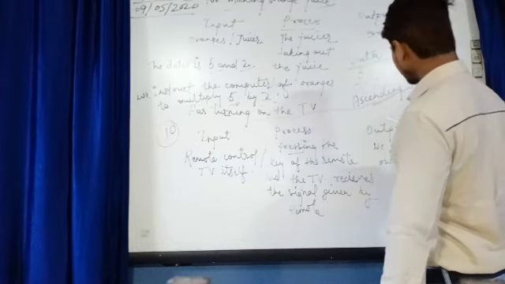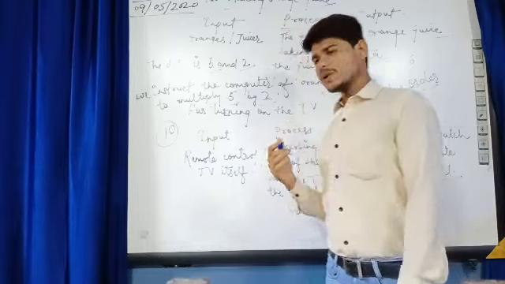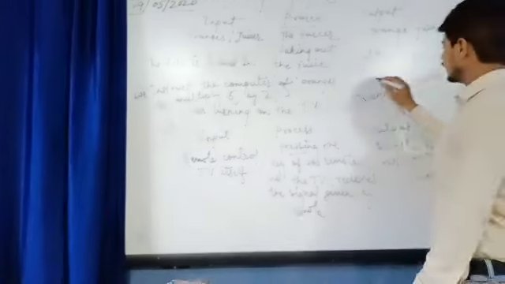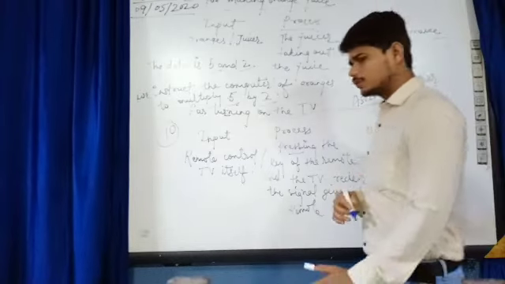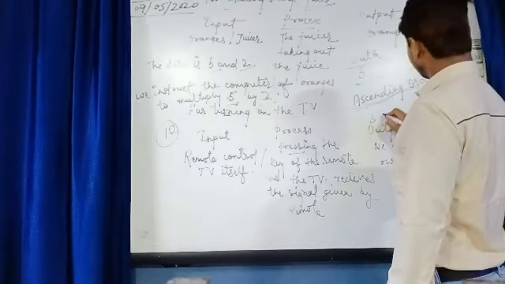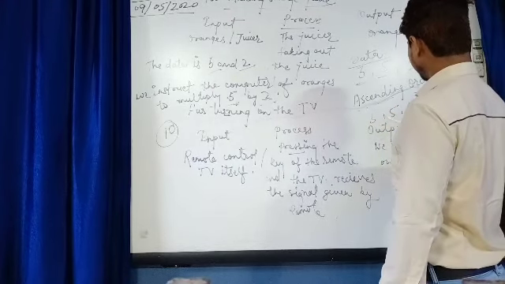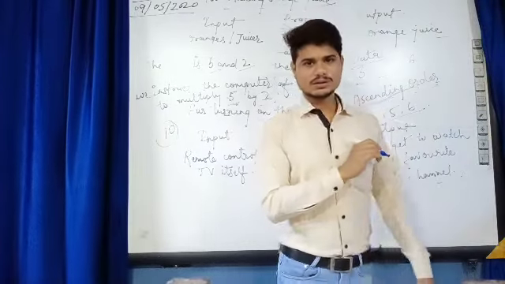So in the processing phase, the CPU will arrange the data in ascending order. So as the output, what we get? We get the numbers 3, 5, 6 arranged in ascending order.